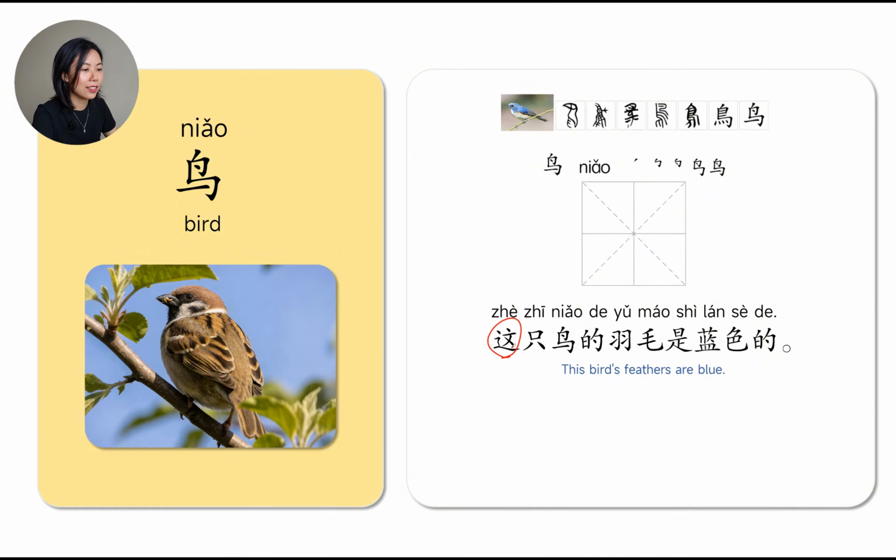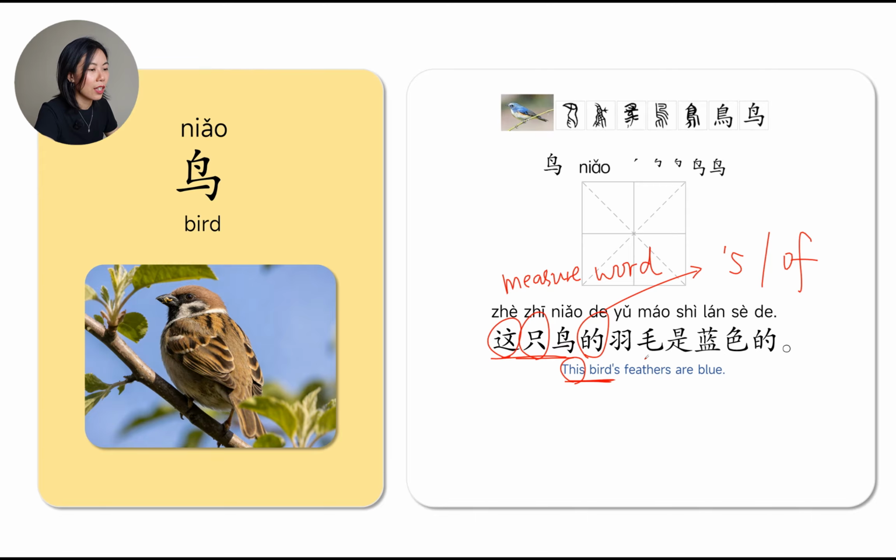这 this 只, like we mentioned before, this is the measure word. This is the measure word for animal. 这只鸟, so that would be this bird. 的 is the possessive marker, like the 's or the "of".